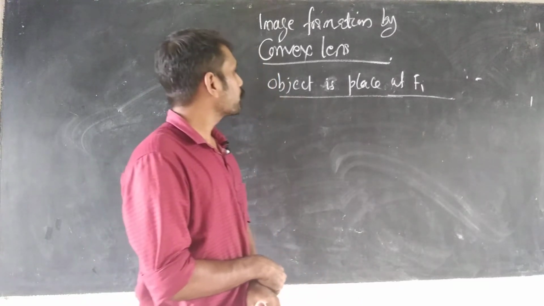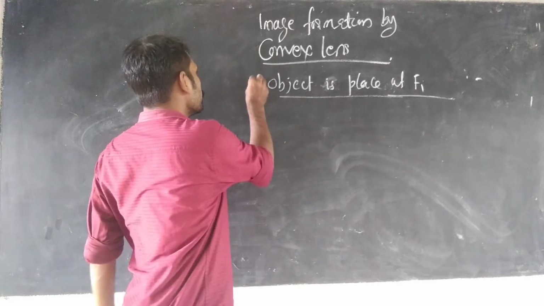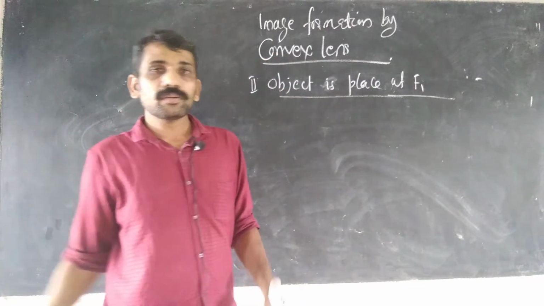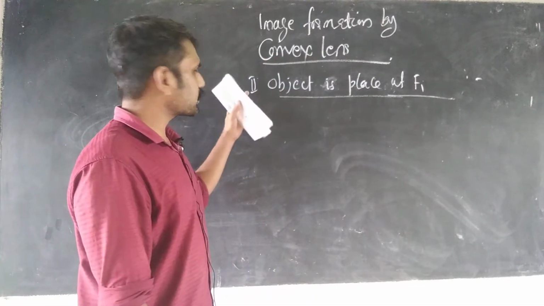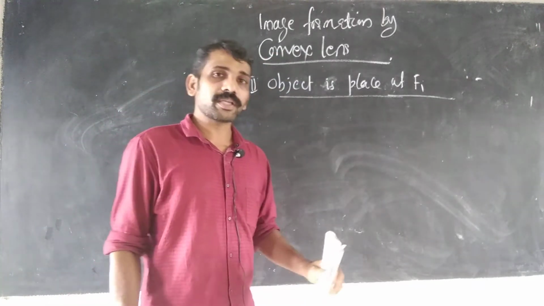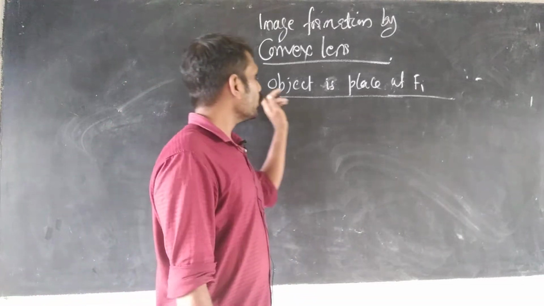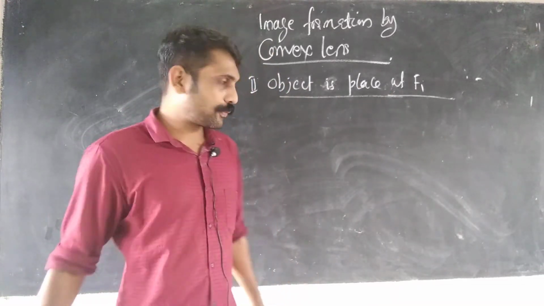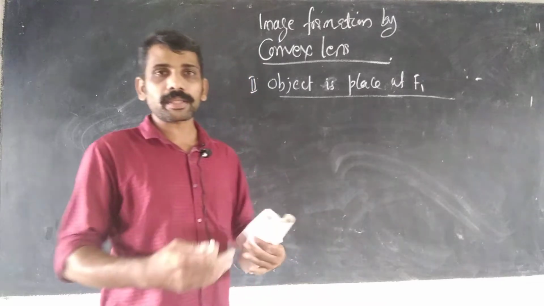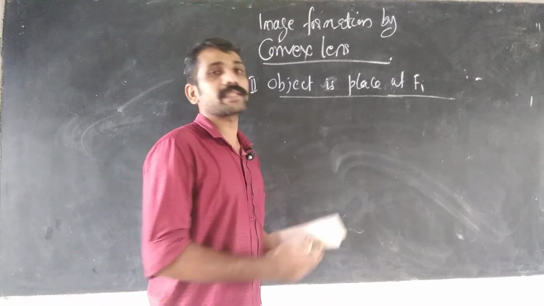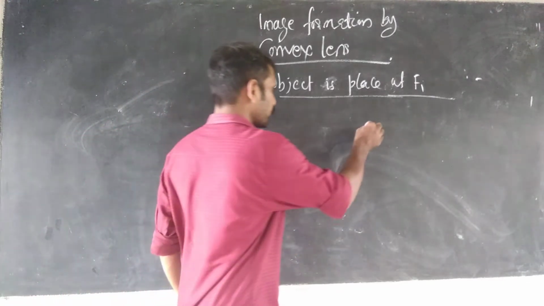So here, this is the fifth picture of image formation. The object is placed at f1. So we can check what the properties of the image are when the object is placed at f1.